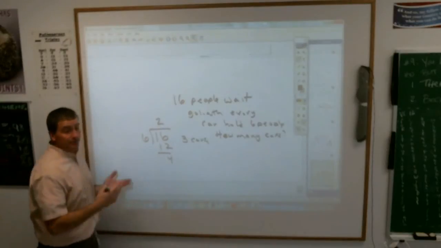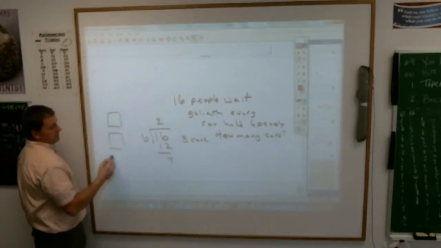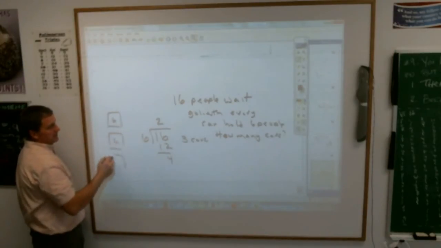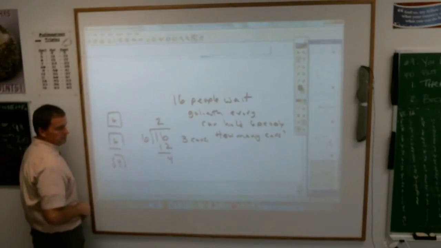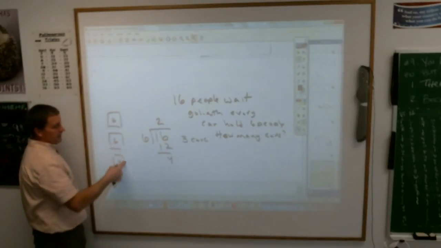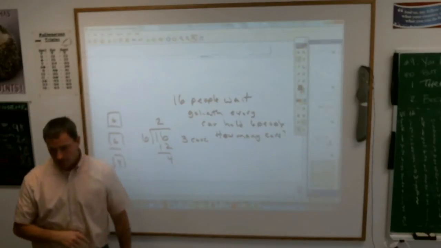Now, they won't all be evenly divided on those 3 cars, but you're going to need the 3 cars. You'll have 6 on this one and 6 on this one and only 4 on the last one. Or if you were trying to divide it up as evenly as possible, you'd take one guy here and put one guy there. It'd be 6, 5, and 5, but we're not talking about that.